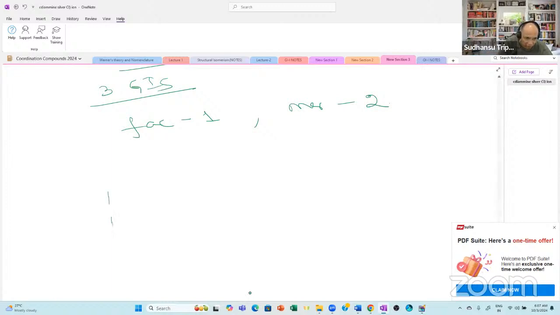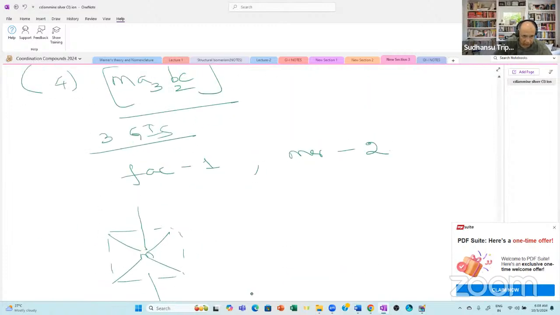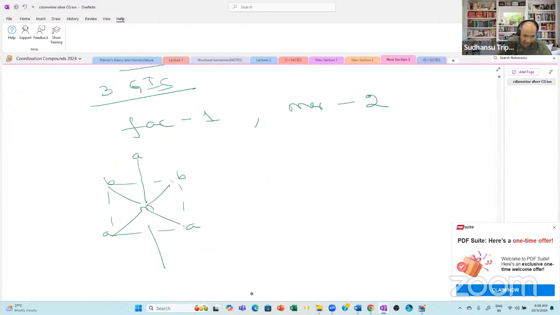Let me draw very quickly. You can draw A, A, A. That triangle is not passing through the center, and the other, B2C, B, B, C. That triangle is also a BBC triangle, BBC, British Broadcasting Corporation.